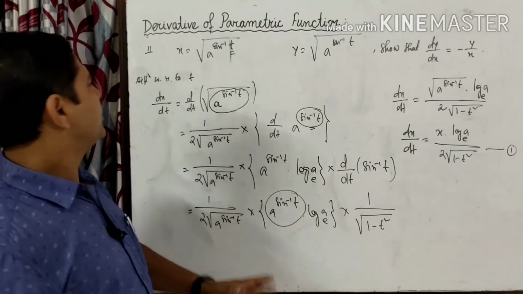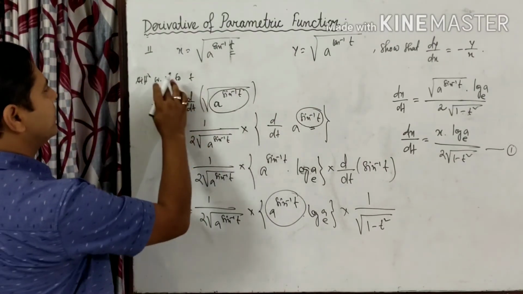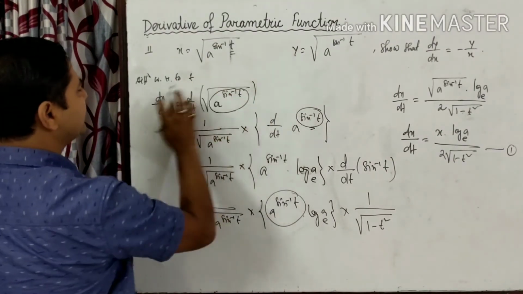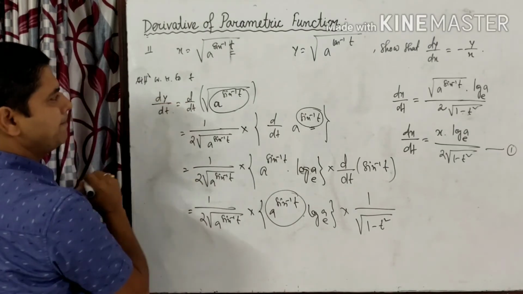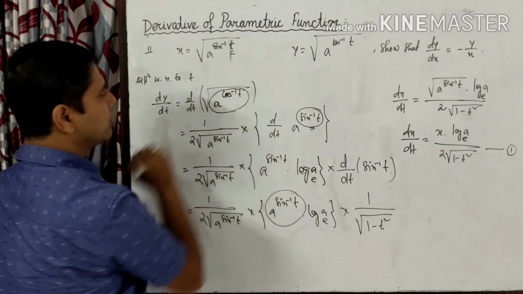Okay, the same procedure, now we do it for y. If you differentiate the function y, dy by dt, here we had cos inverse of t.